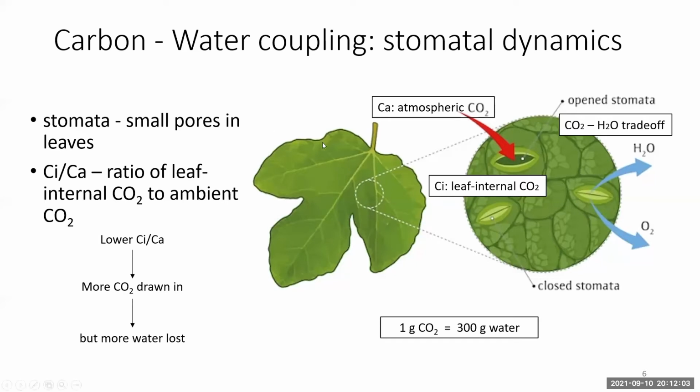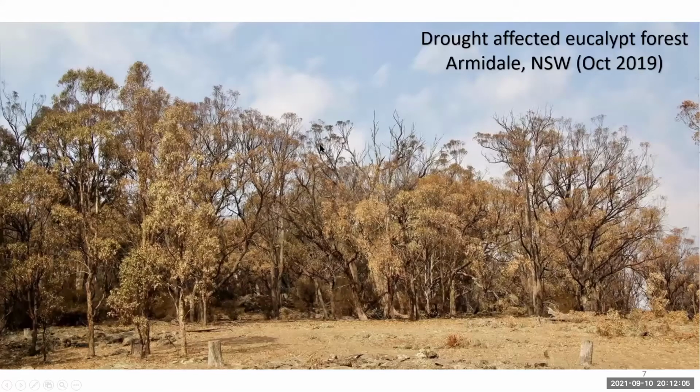But before that happens, whenever the stomata are open, there's a whole hydraulic system which is responsible for transporting water from the soil to the top of the canopy, or to the leaves.